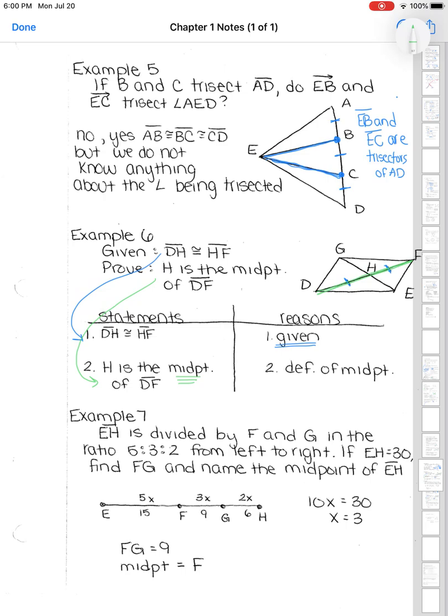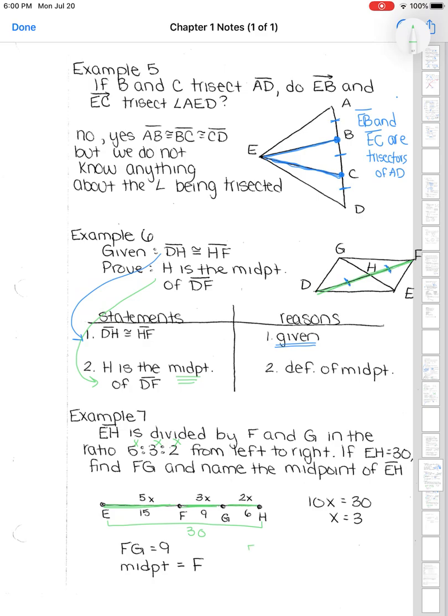All right, ratio question for number 7. Says EH is divided by F and G in the ratio of 5 to 3 to 2 from left to right. If EH is equal to 30, find FG and name the midpoint itself. Anytime you're given a ratio question, you have to add a variable to it.